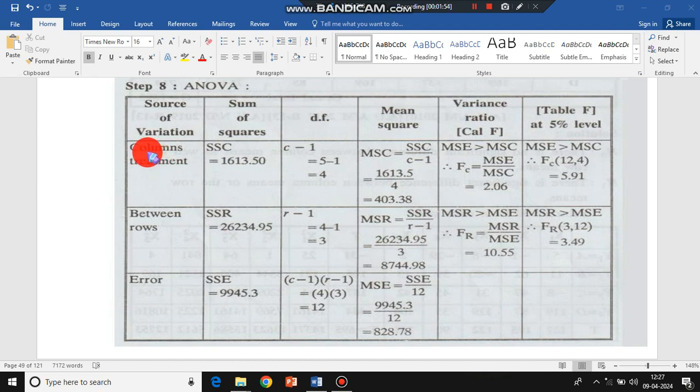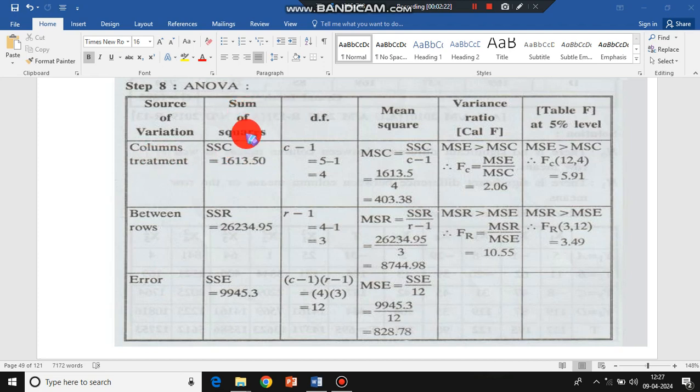Now let us take the source of variation as between the columns, whether there is a significant difference or not, between the rows, whether there is a significant difference or not, and the error. That's what we are going to discuss now.